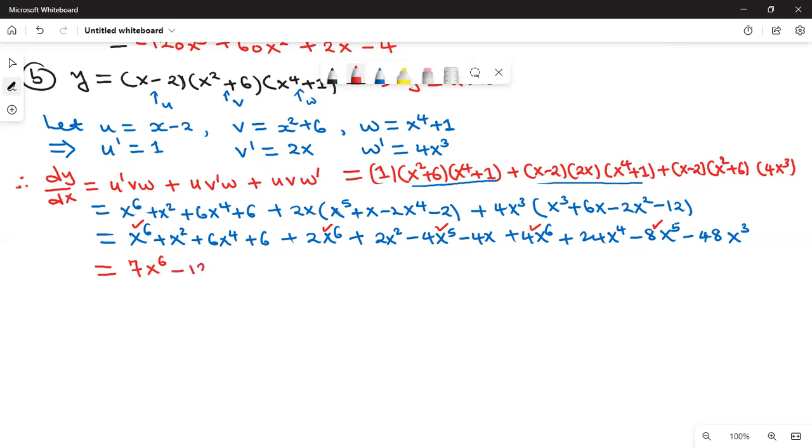Negative 12x raised to 5. Any other x raised to 4, we can see the 6 plus 24, that is 30. So that is plus 30x raised to 4. X cubed, I can see this negative 48x cubed.